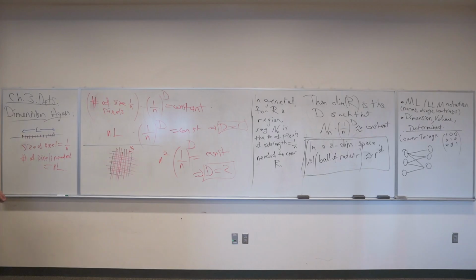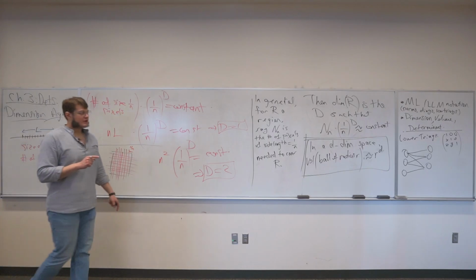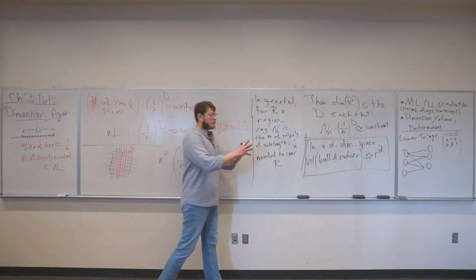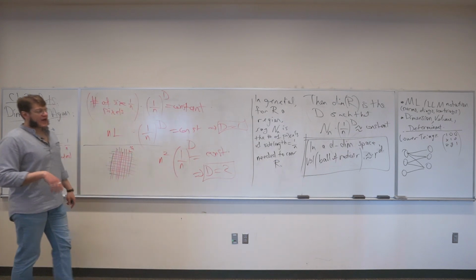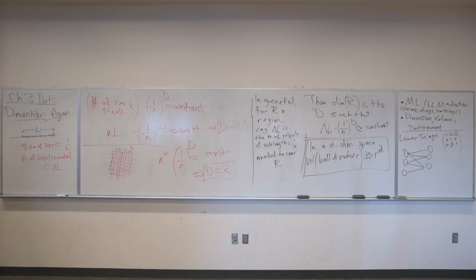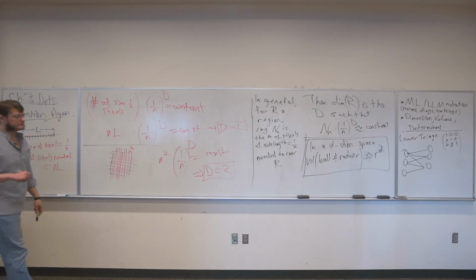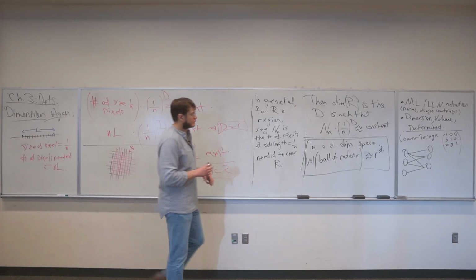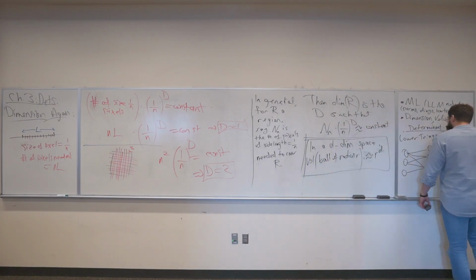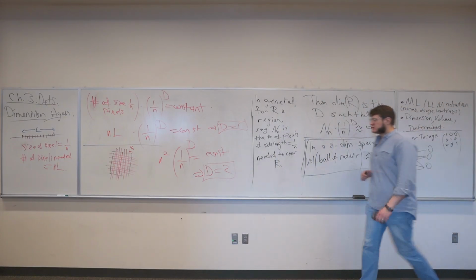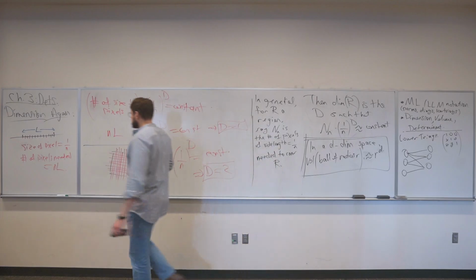And so dimension is that power law. It tells you, as you're increasing the radius of a ball in whatever space you're looking at, how does the volume change as a function of the radius? Dimension is a power law. Okay. And now I can talk about determinants. This is how I imagine determinants.